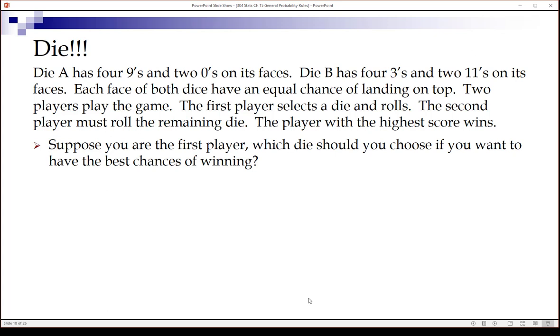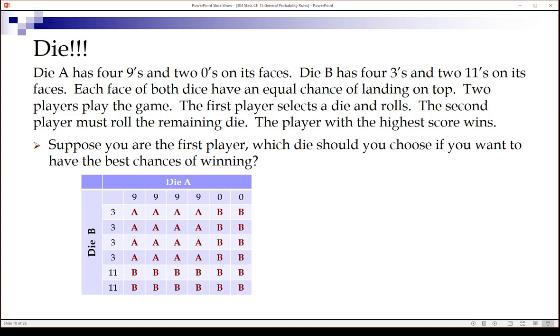Okay, so in order to answer this question, I would first create a table and see what happens with die A versus die B. On die A, we could get 9, 9, 9, 9 or 0, 0. On die B, you could get 3, 3, 3, 3 or 11, 11. Now, if die A is a 9 and die B is a 3, die A wins.